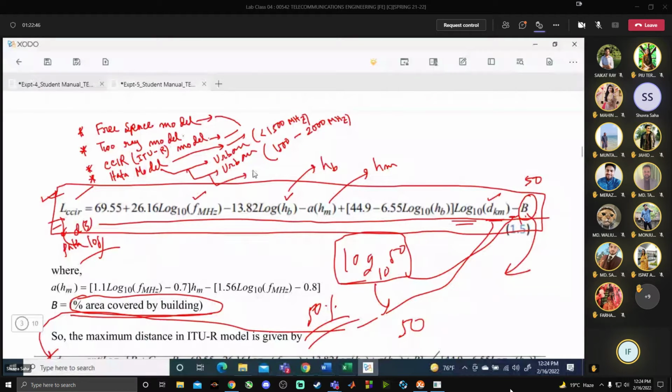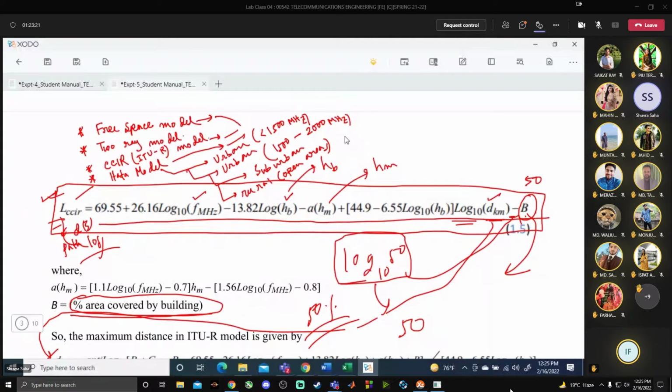And then we have HATA for suburban area, medium-sized town cities, and then you have for rural areas or open areas, village side. So these are the models that we have seen so far, and we will be making a comparative analysis among all of them by MATLAB coding simulation, using this path loss equation.